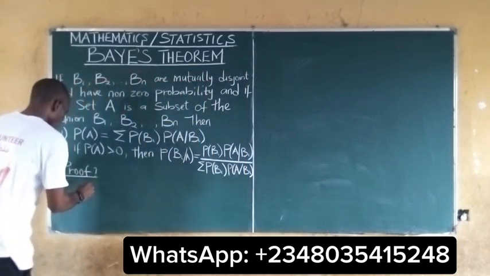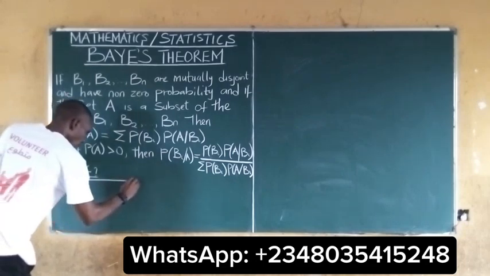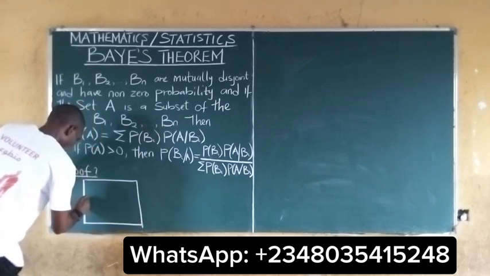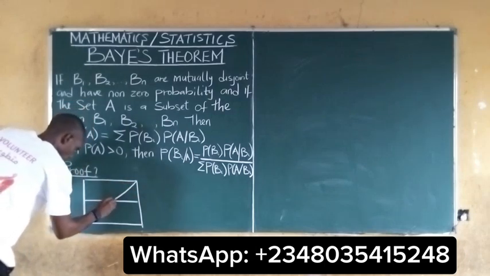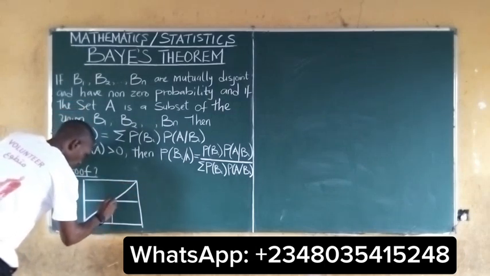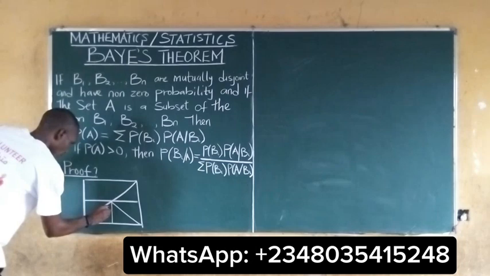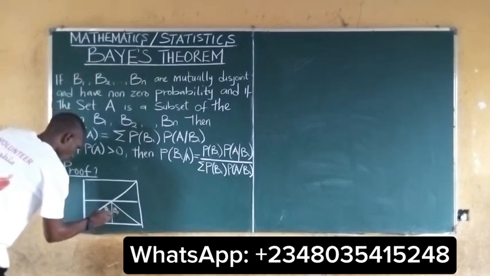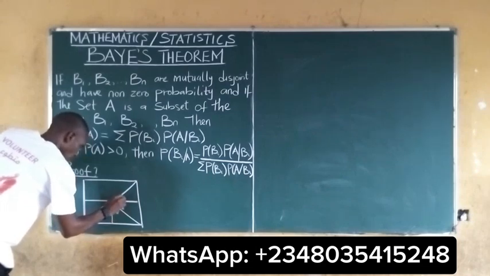The first thing to do, I think we should put this in a diagram. Let's say this is B1, B2, B3, and B4.